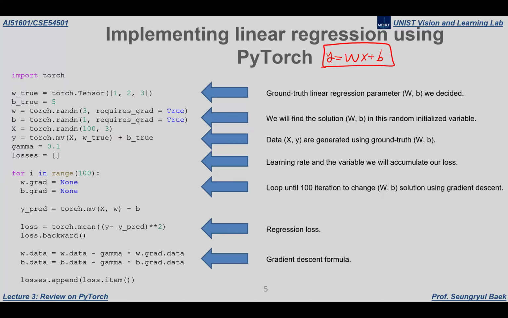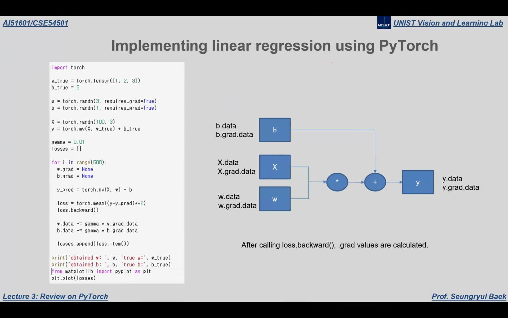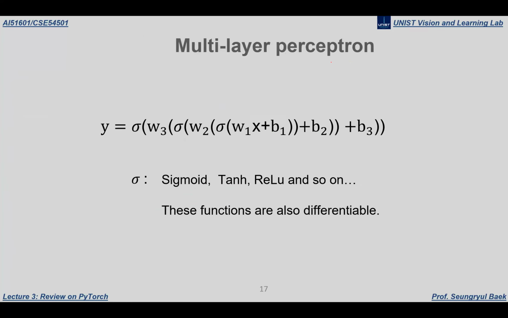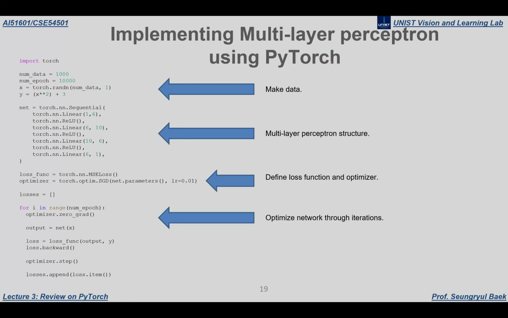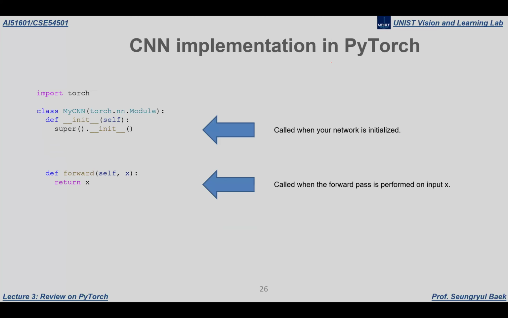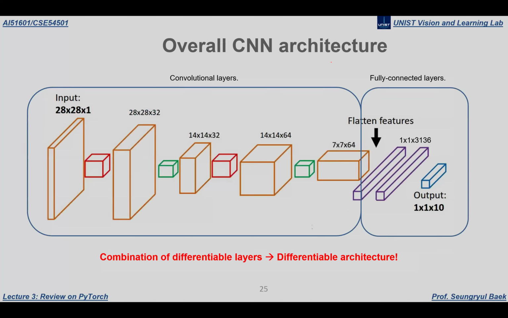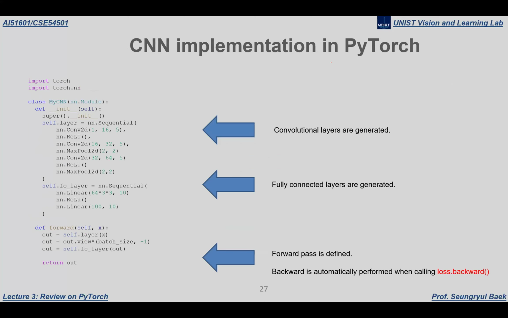We will learn how to implement this function using PyTorch. Then we will learn how to implement multi-layer perceptrons, MLPs, that I mentioned today, which stack multiple linear functions. And eventually we'll learn how to implement these CNN architectures using the PyTorch library.